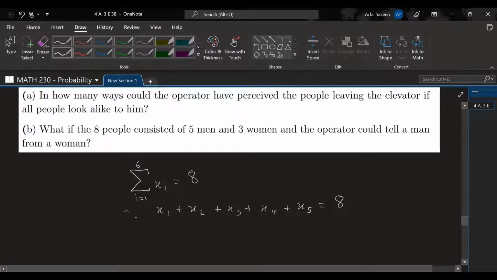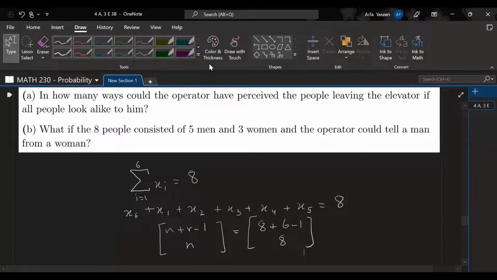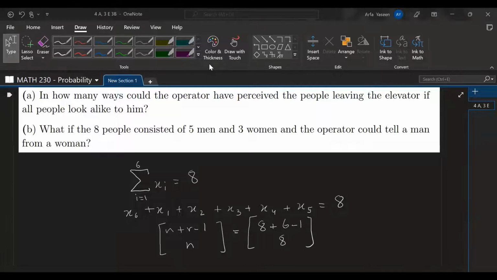There are 6 floors. Either we have n as 8, then r as 6, minus 1, choose 8. This is how you do part A.